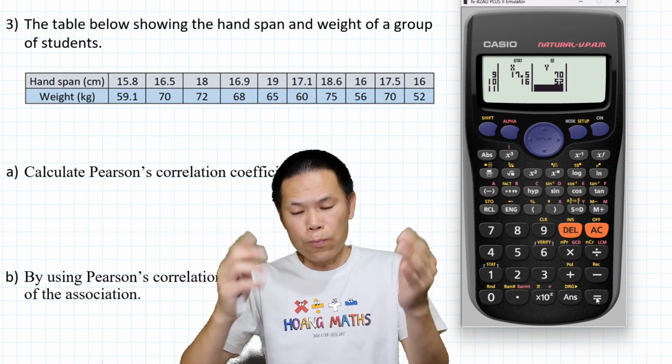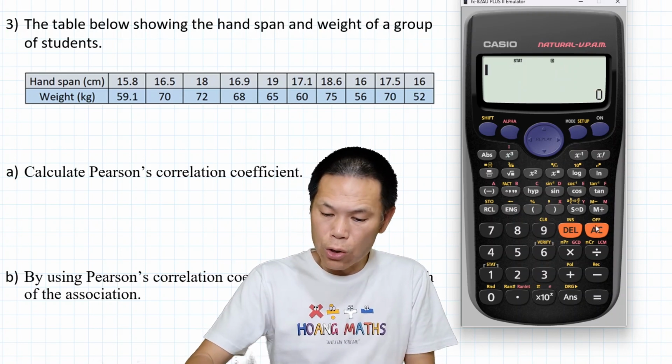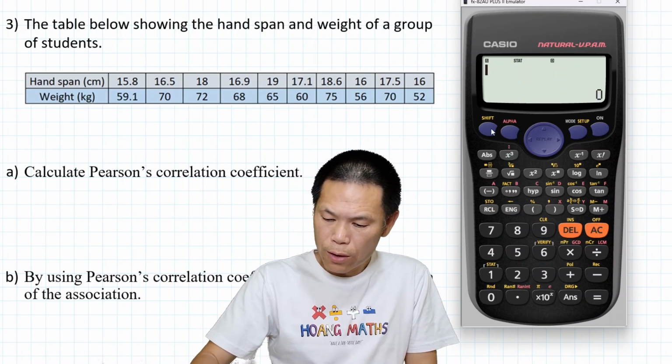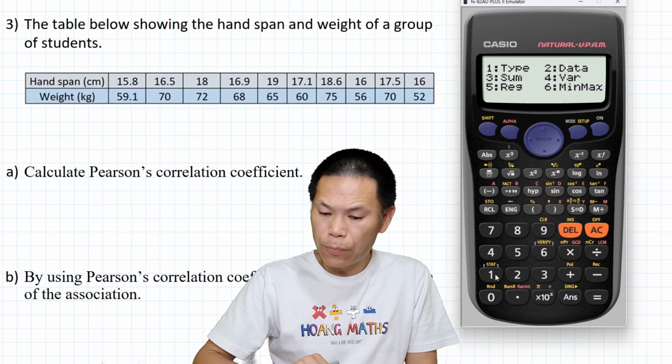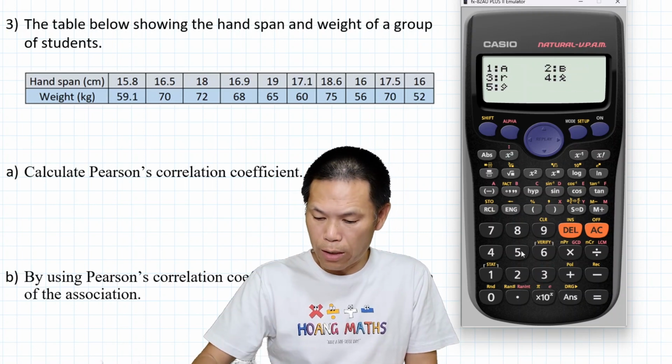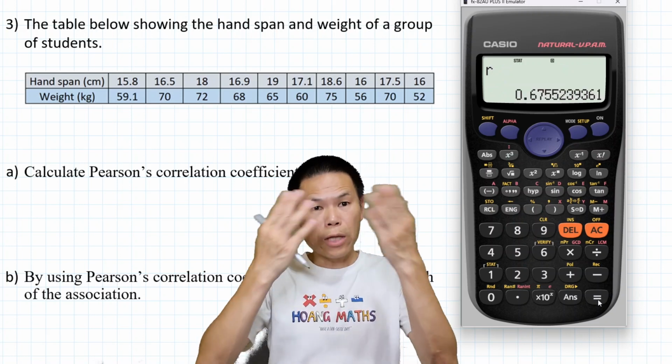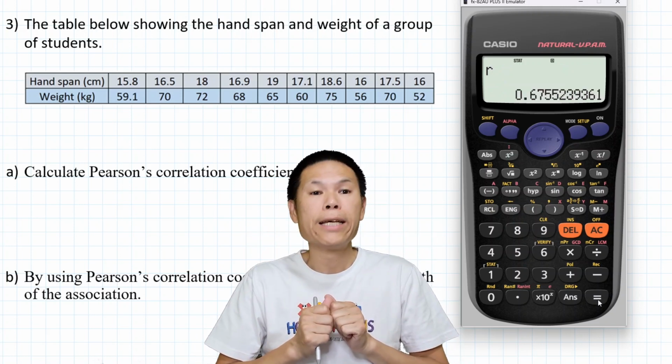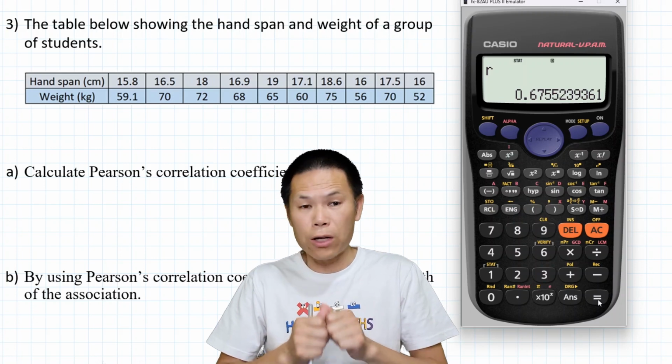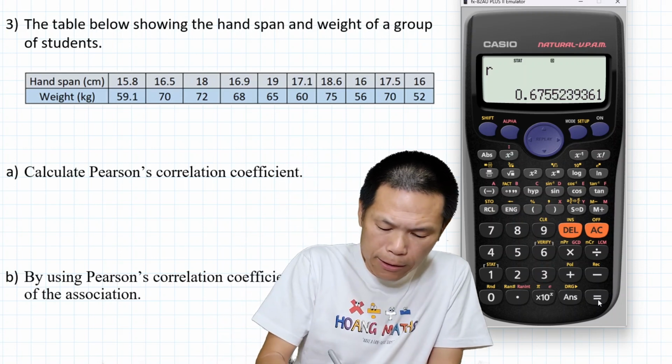So now what I do, I clear the screen, I go shift and then press 1 and option 5 and then option 3. I press 3. So there you go, 0.6755, correct to 4 decimal places.